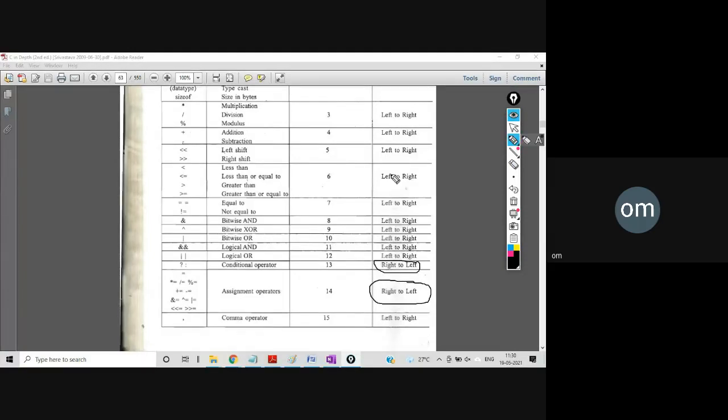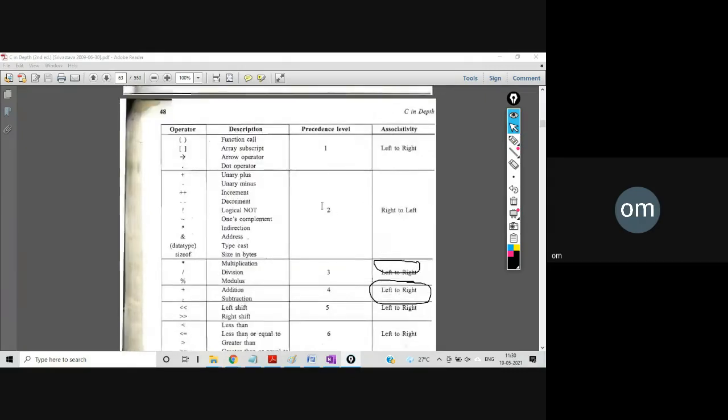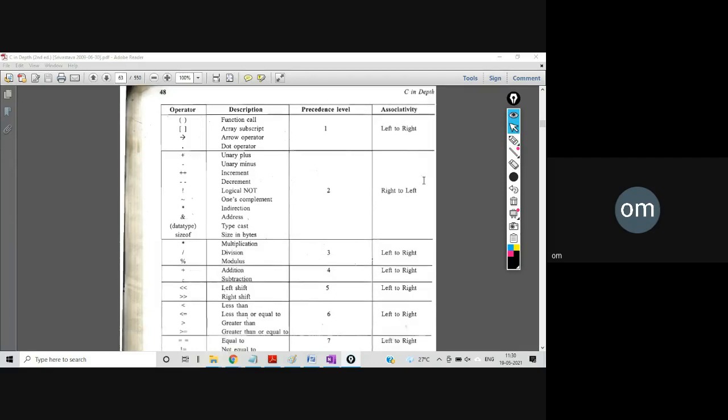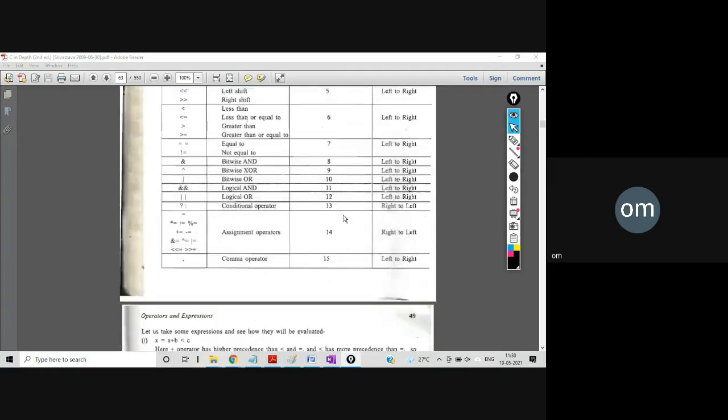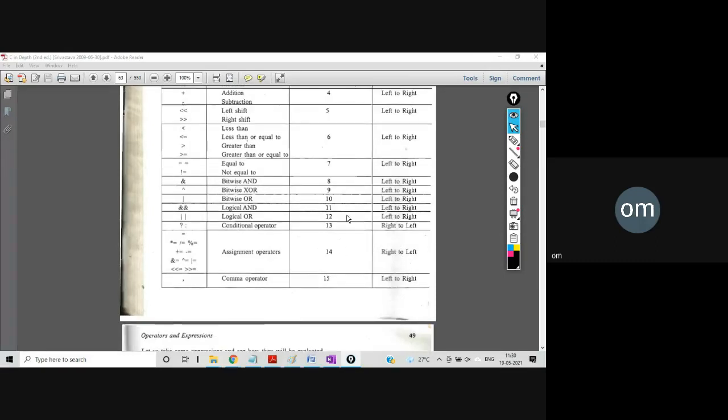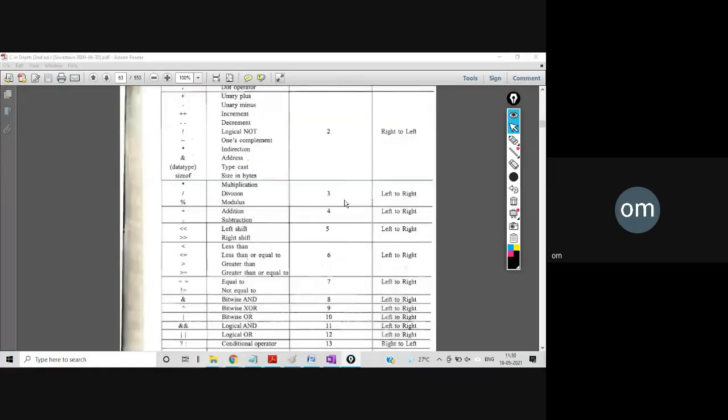One more is there: if you see over here, this is the unary operator. So for unary operators also we have right to left. So remember, the unary operators, that is the second level, then the 13th and 14th, conditional operator and assignment operators, have associativity from right to left; all the rest have associativity from left to right.